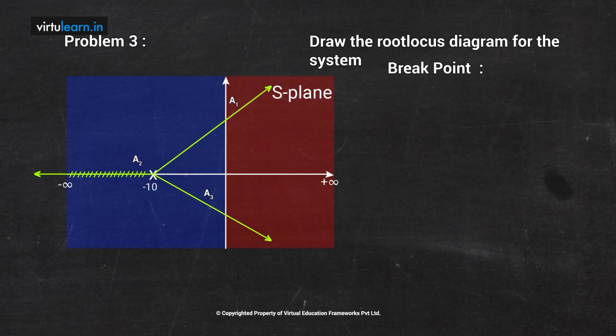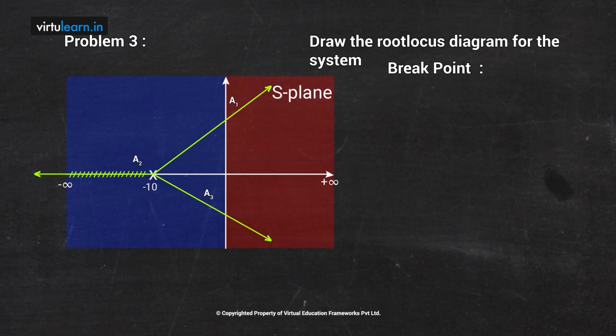That means one root locus branch will start here and go towards the left direction because we have one asymptote at 180 degrees. What about the other 2 poles? Using that information, we can say that there can be one breakpoint, and directly you can say that the breakpoint is going to be s is equal to minus 10 only. Let us calculate and see whether this is correct or not.